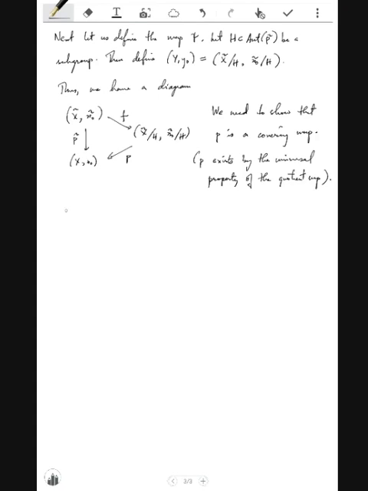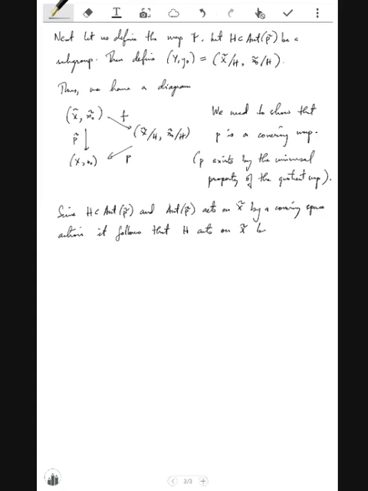So since H is contained in Aut p tilde and Aut p tilde acts on X tilde by a covering space action, it follows that H acts on X tilde by a covering space action.